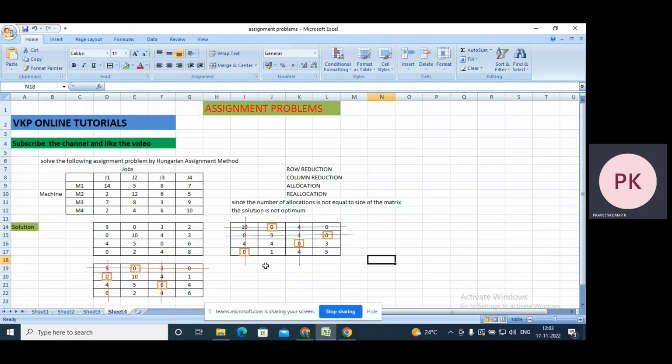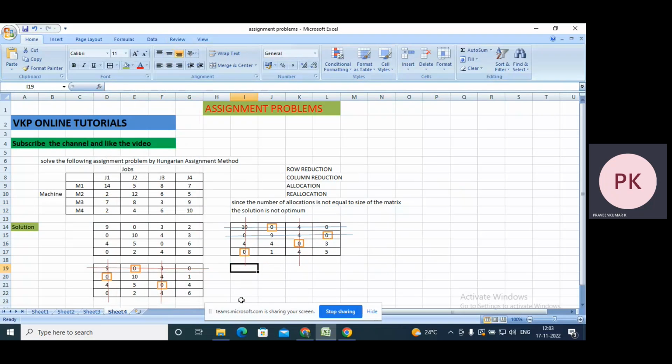So now this is the time to check the optimality. We have 4 allocations and look at the size of the matrix. The size of the matrix is 4 by 4. Therefore, the solution is optimum.